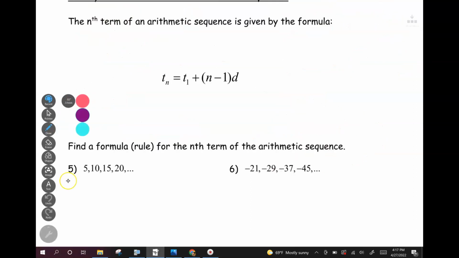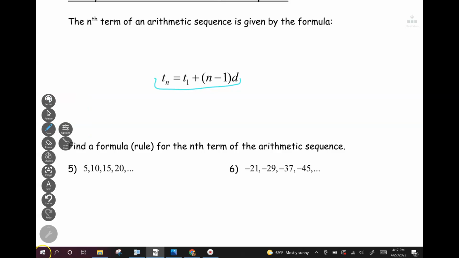All right, so we also need to be able to write a rule or a formula for an arithmetic sequence. So here's the general format, kind of like what we were just looking at on the previous page. We're going to be able to come up with those on our own.